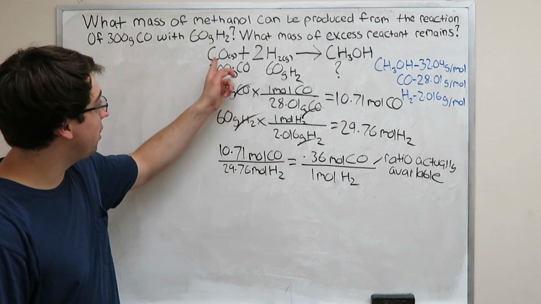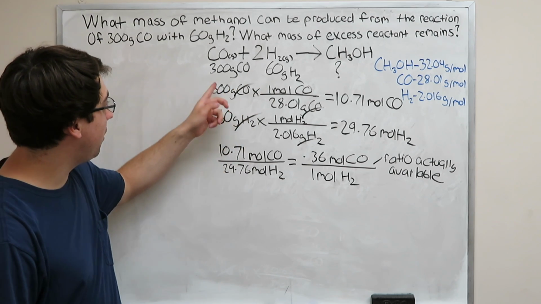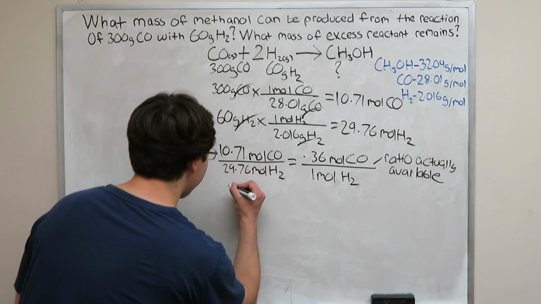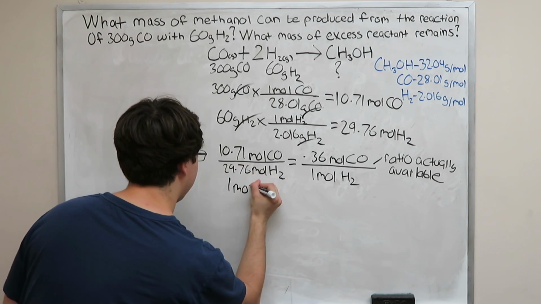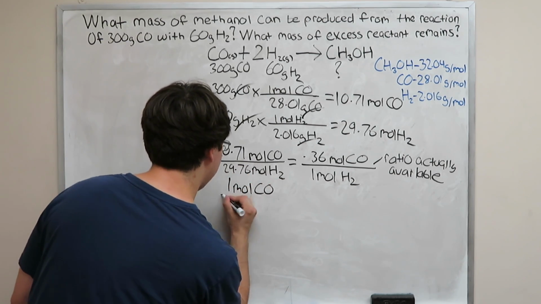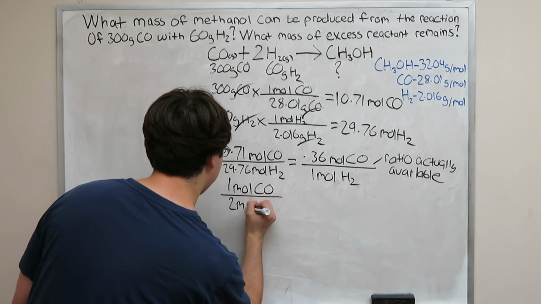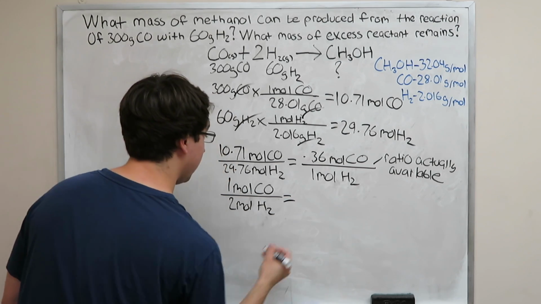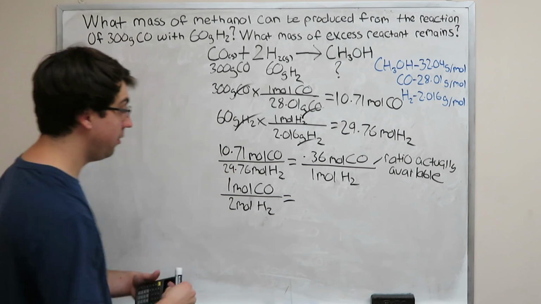Next, we need to make a mole ratio that's required by the equation. In this equation, there is 1 mole of carbon monoxide for every 2 moles of hydrogen. And I'm just going to take the 1 and divide by 2.